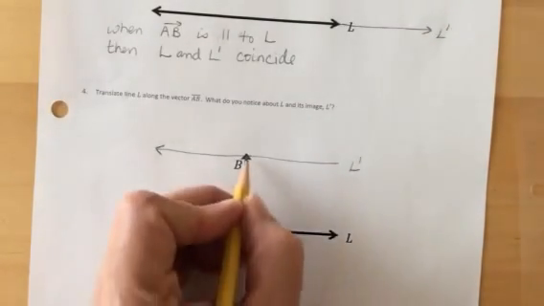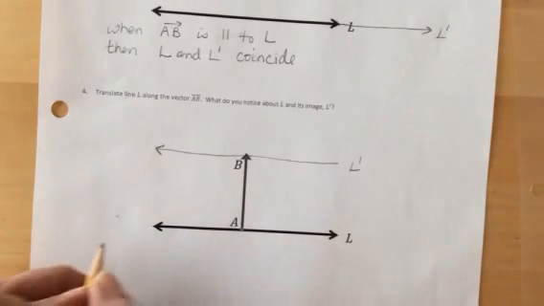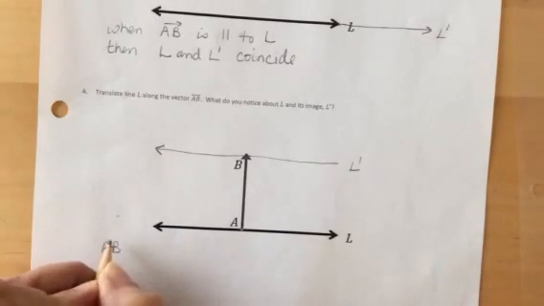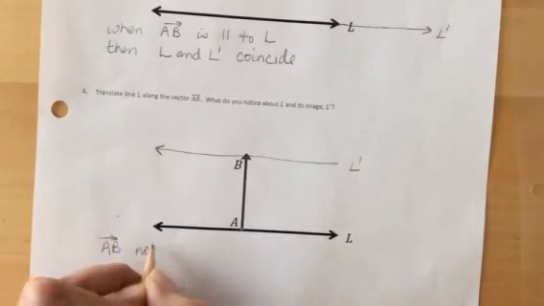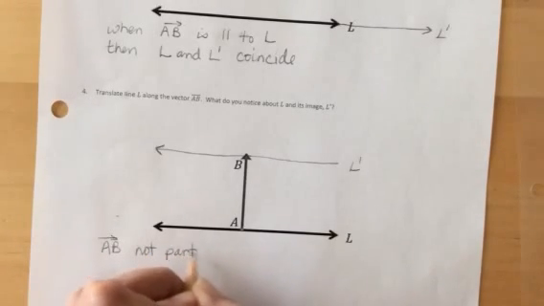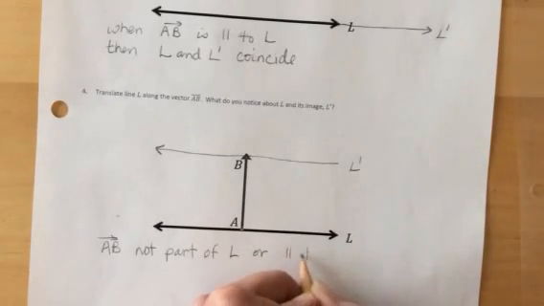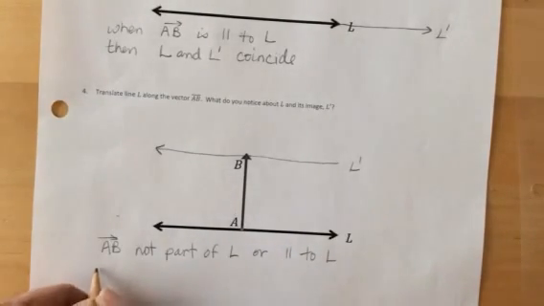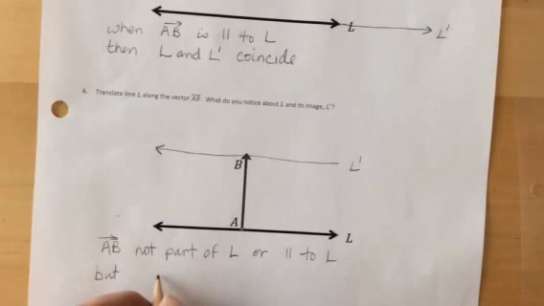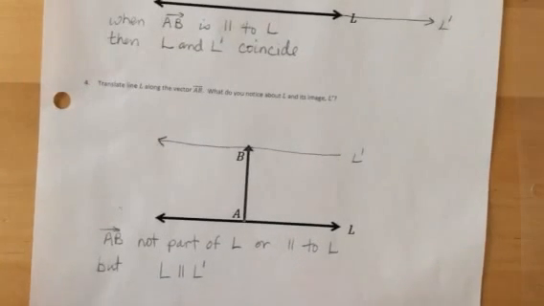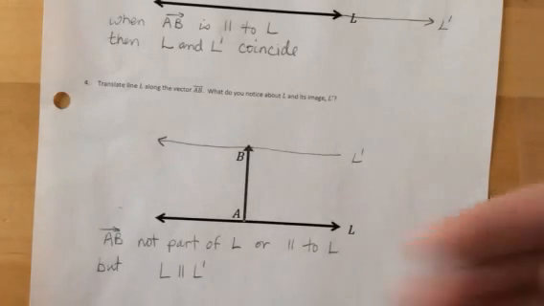This vector, vector AB, is not part of the line, it's not part of L, or parallel to L. But L is parallel to L prime. So it resulted in my image, L prime, being parallel to my original line.